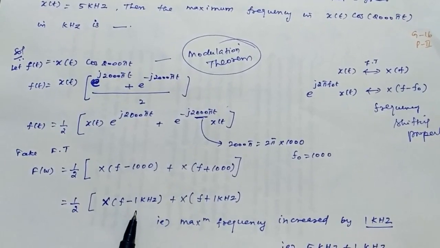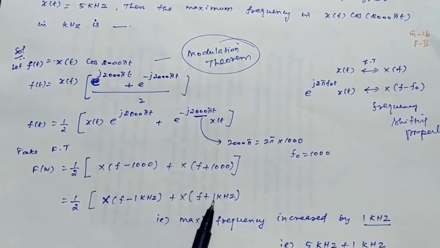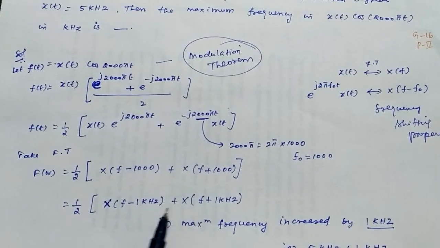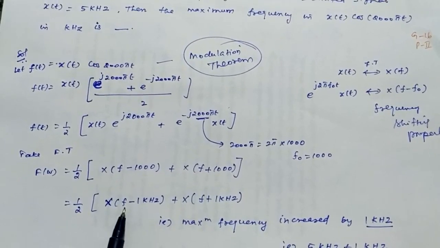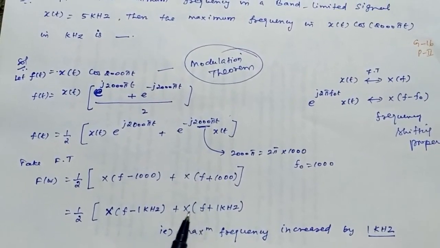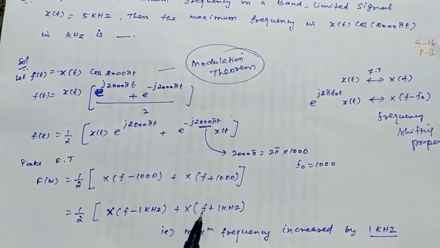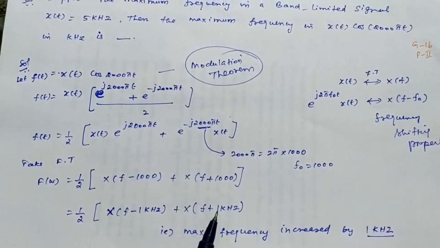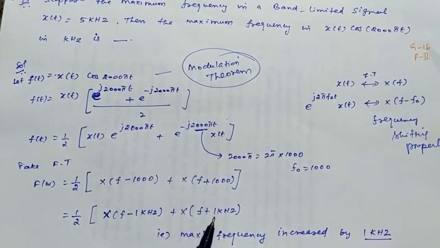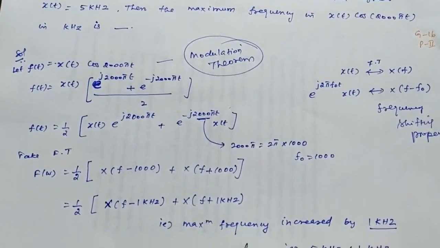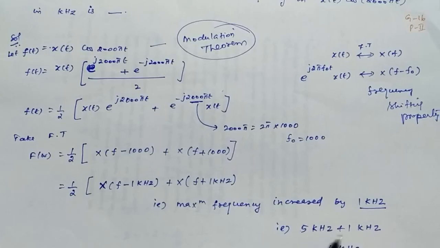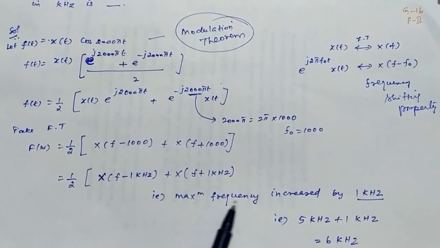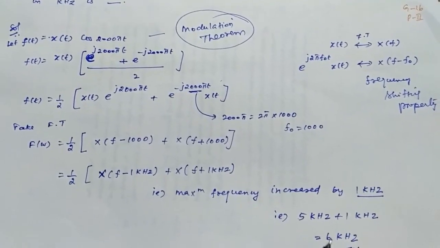This 1000 is 1 kilohertz. In the given problem the maximum frequency in x is 5 kilohertz. After multiplying with the cosine signal, the frequency is increased by 1 kilohertz, so the result is 5 plus 1, 6. The maximum frequency is 6 kilohertz.